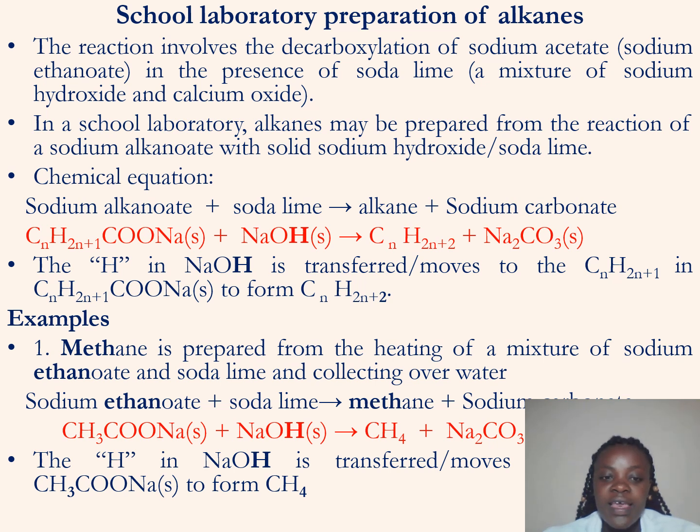So the hydrogen in sodium hydroxide is transferred to the sodium alkanoate here, and it forms an alkane. Then the carboxylic part here is transferred to the sodium to form sodium carbonate.